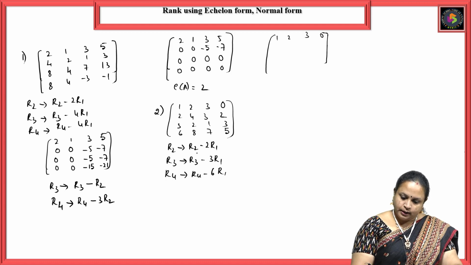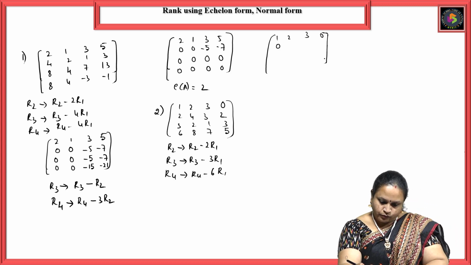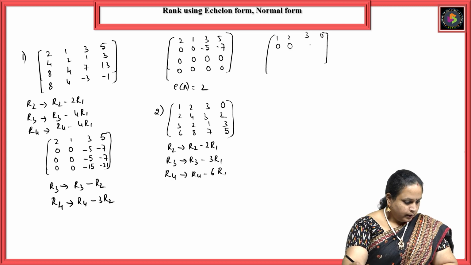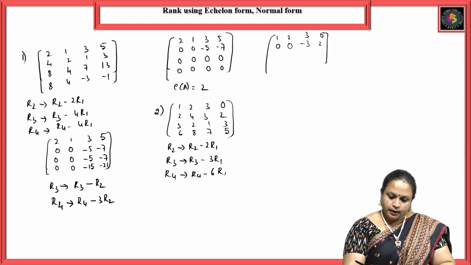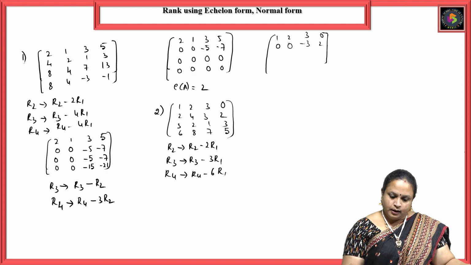Now, coming to the second row, it will be 0, then 4 minus 4, 0, then it is minus 3 and 2. Now, coming to the next operation, R3 minus 3 R1.